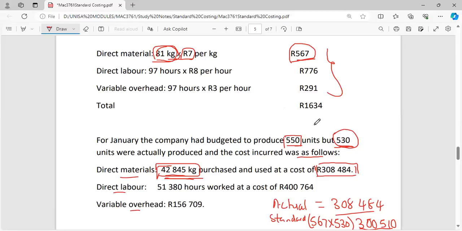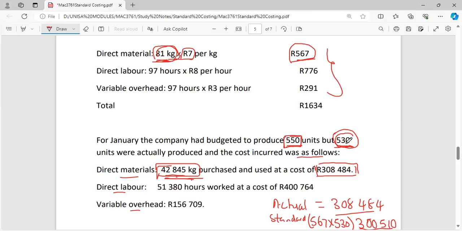So you are looking at these 530 units were supposed to use 81 kg times 530. Then they end up now using 42,845. So that's basically how you treat your standards at third level. So don't make a mistake of using this 550. At third level, it doesn't work.